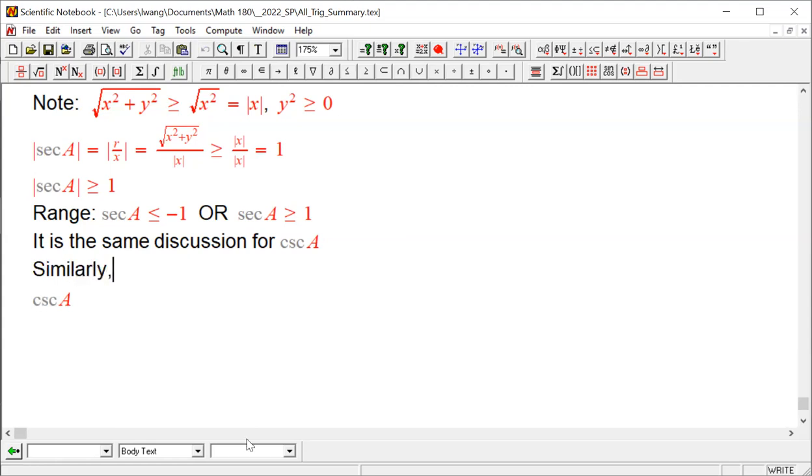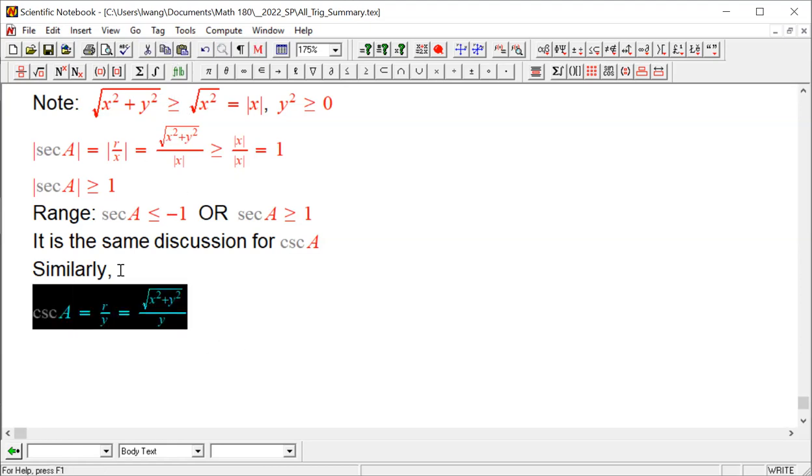For cosecant, we know that cosecant equals r over y, right? So we're going to do the same thing: take the absolute value on both sides. Before we take that absolute value, we have the y here.